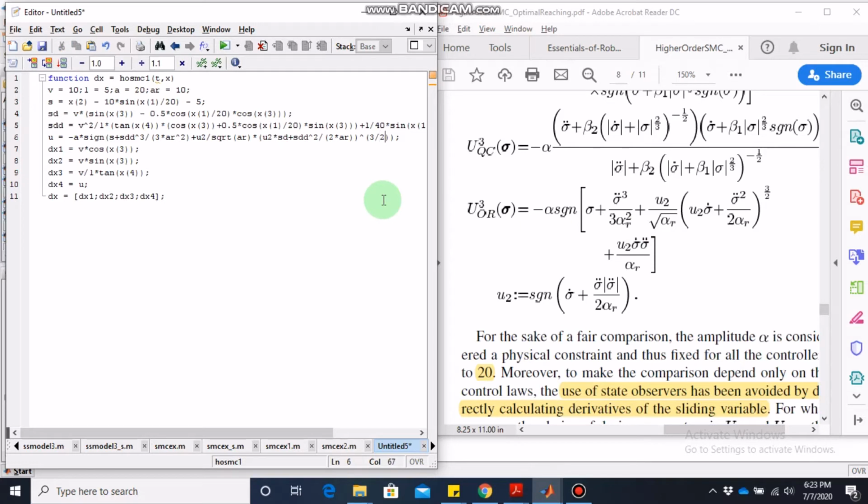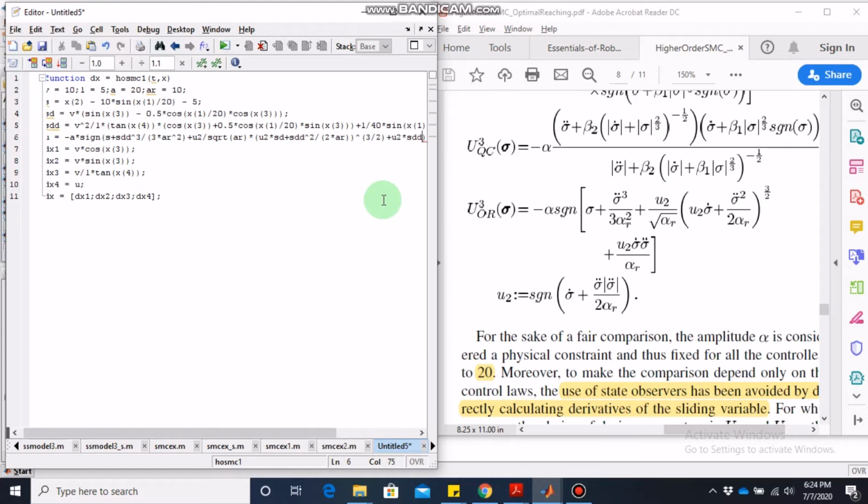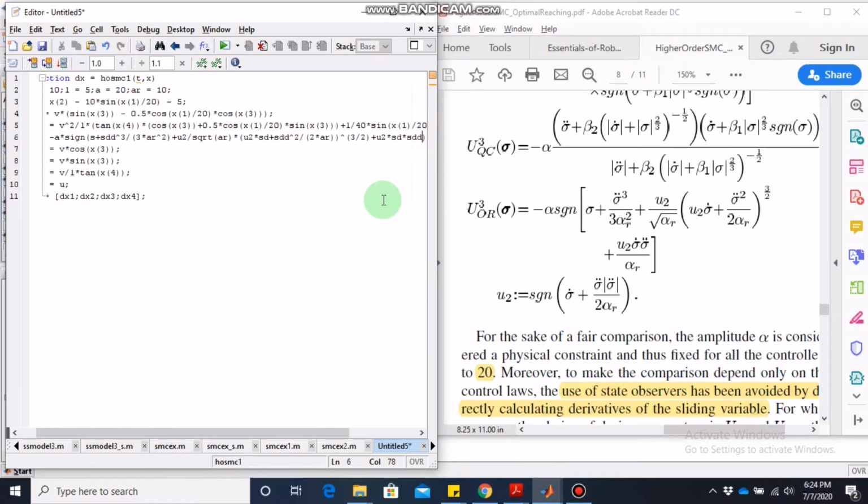So after that we add plus u2 multiply by SD, single derivative, multiply by SDD and divided by alpha r. That completes the equation for our controller, but we still have to define u2.